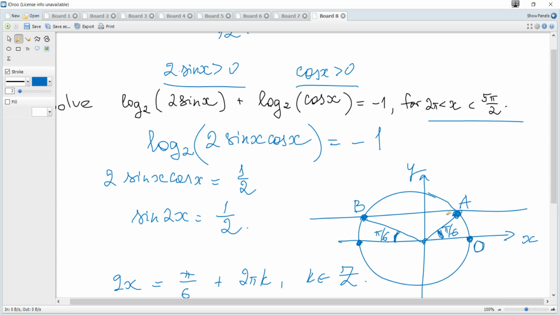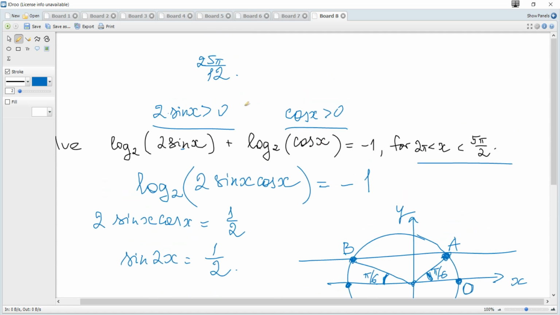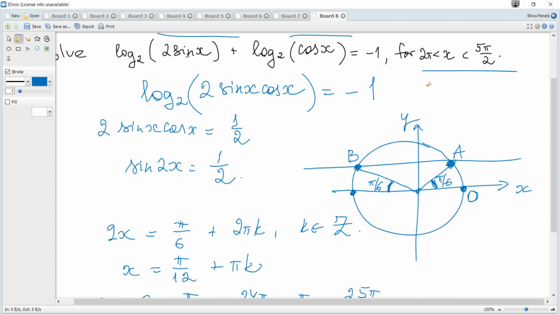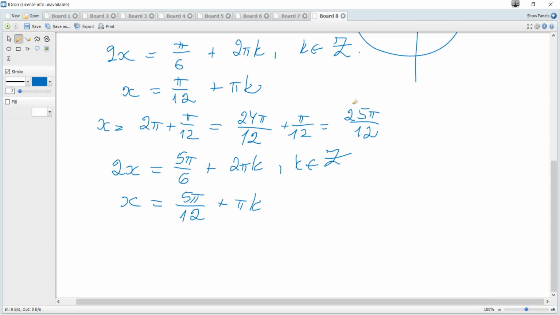In the first quadrant, sine is positive, cosine is positive, so it's okay. So it goes into the answer. It's one solution.